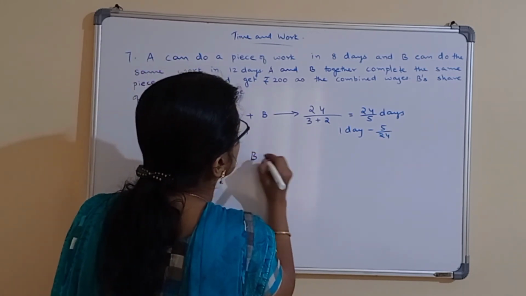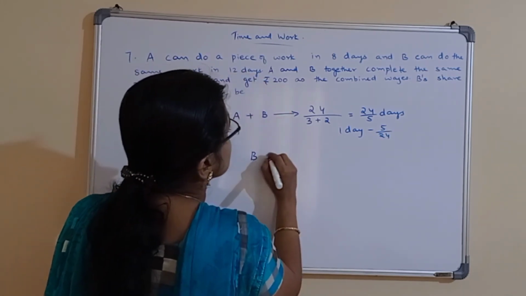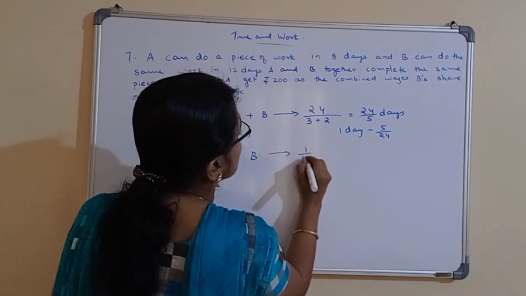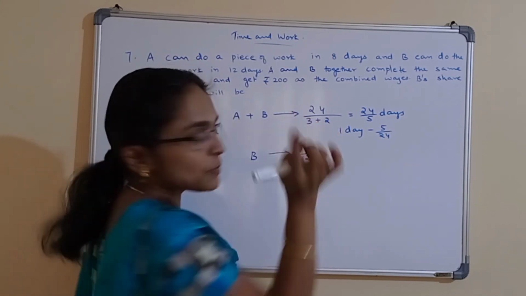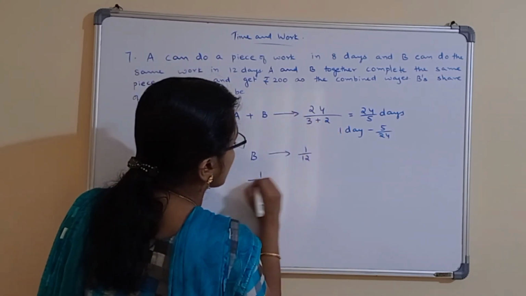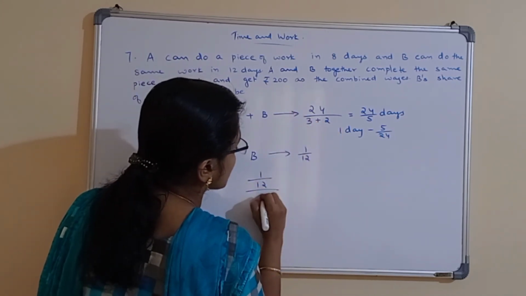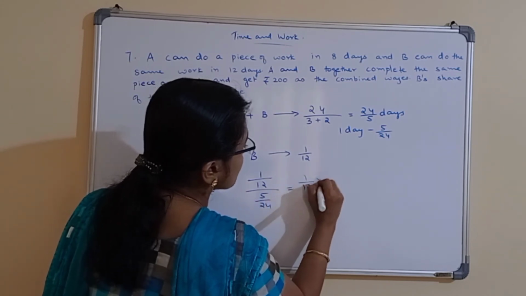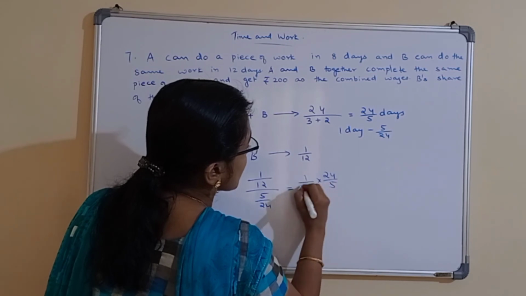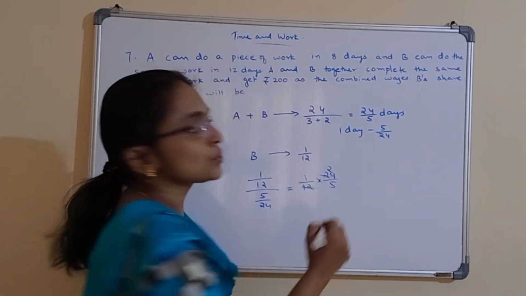And given that B will take 12 days, so B will do 1 by 12 of the work in one day. So B's portion of work is 1 by 12 divided by 5 by 24, which is equal to 1 by 12 into 24 by 5, and that is equal to 2 by 5.